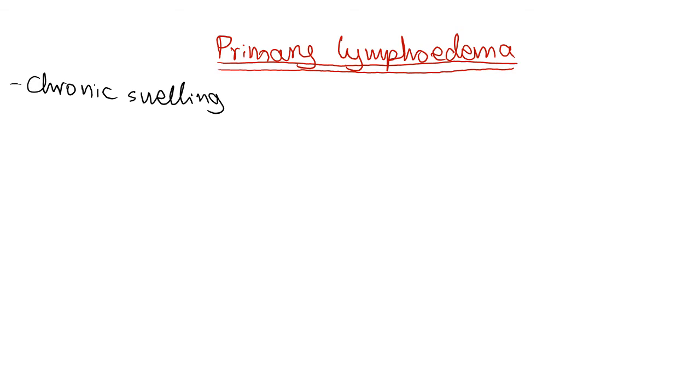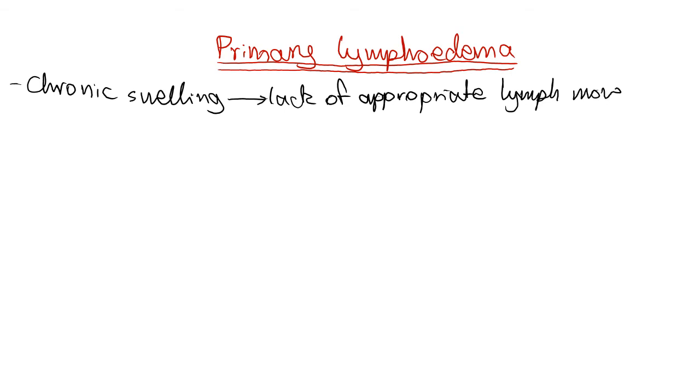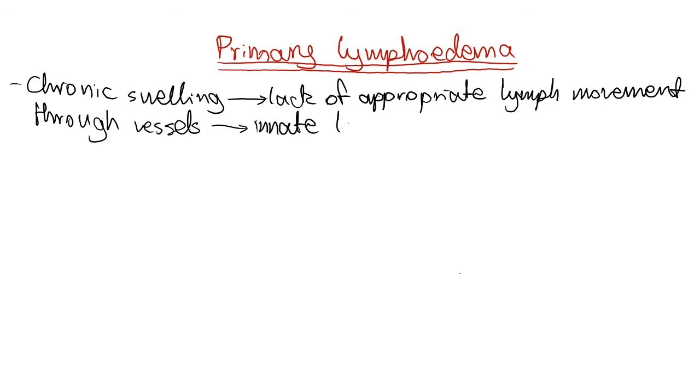So primary lymphedema is, once again, we guessed it correctly, chronic swelling of a part of the body, and this is due to the lack of appropriate lymph movement through lymph vessels, due to an innate lack of vessels in the first place.